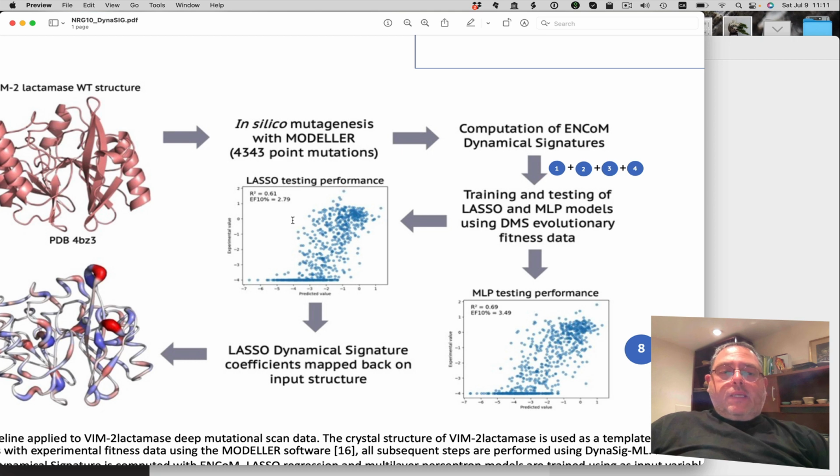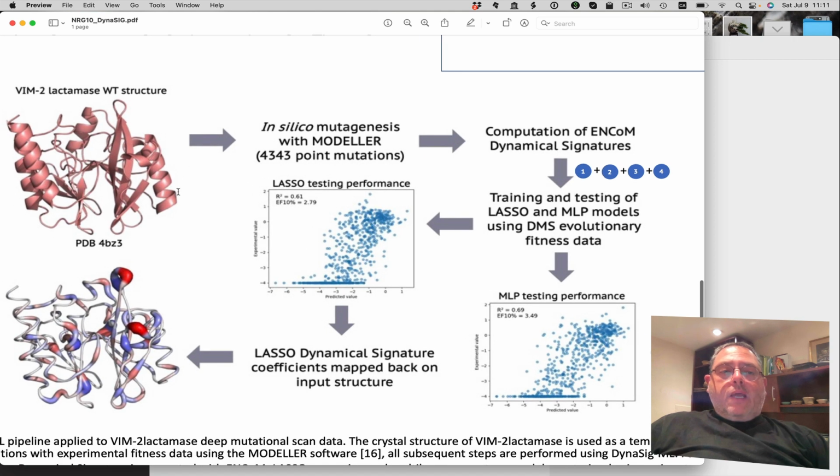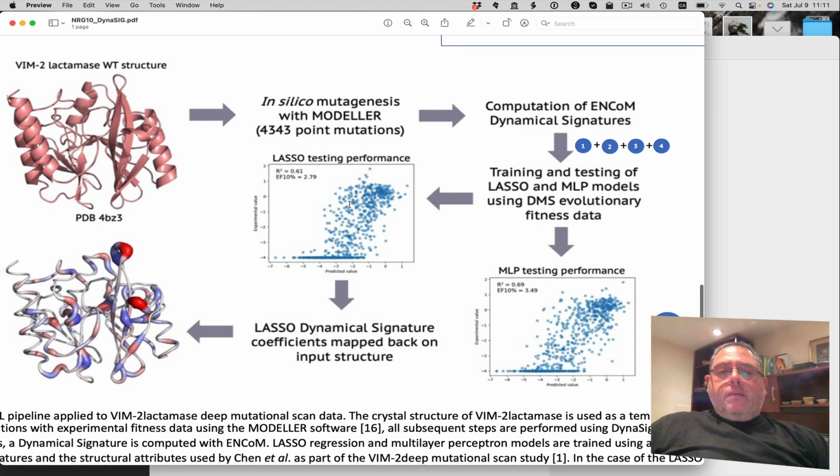For example, in this case, for the VIM2 lactamase, it is the fitness, the evolutionary fitness conferred by the mutation, and some make the enzyme more resistant to antibiotics. Some make the bacteria that would contain this enzyme more resistant to antibiotics, others less.